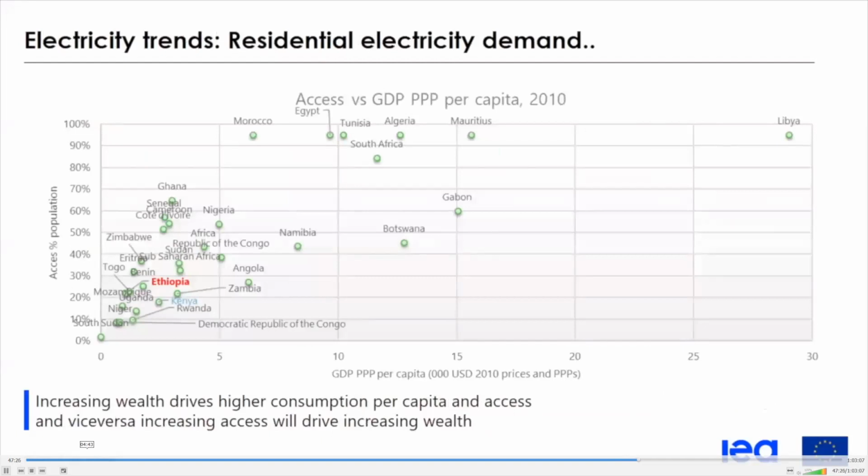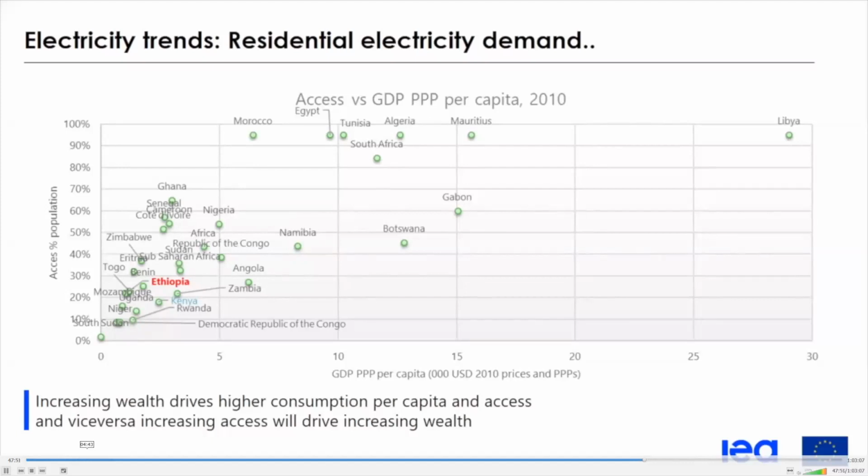So now let's have a look at residential electricity demand, since it was that important in the previous slide. The increase in wealth drives higher consumption per capita, and then allows more people to have access to electricity in those countries. And this is a feedback loop.